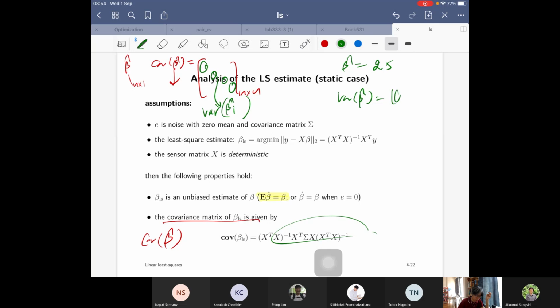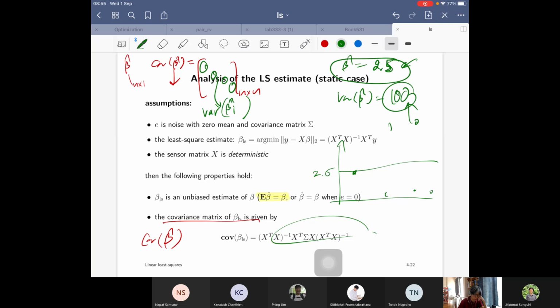So beta hat is 100, for example, and the variance is very high. It means, how much can you believe or rely on the point estimate that beta hat is 2.5? It means that when you use another data set, it can also happen that your beta hat may not be 2.5. It can be some other value because the variance is very high.